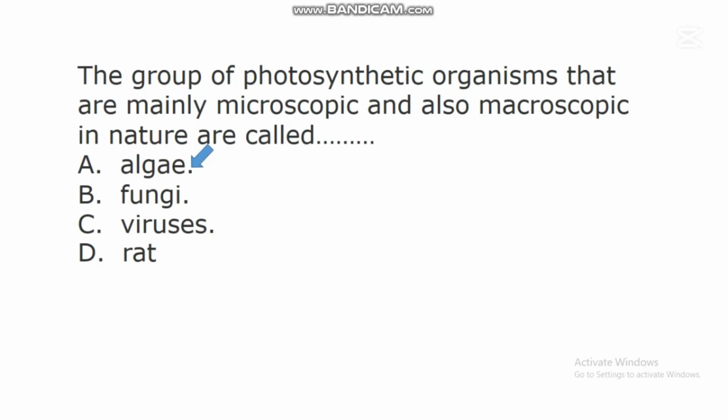Algae occupy different environments such as water and some other environments, but they are mainly aquatic organisms, though other algae can also be found in different environments. This group of photosynthetic organisms that are mainly microscopic and also macroscopic in nature are called algae.